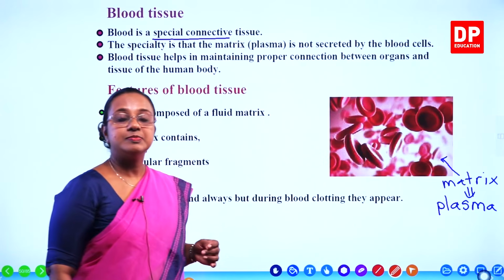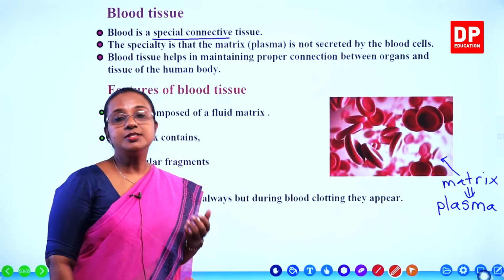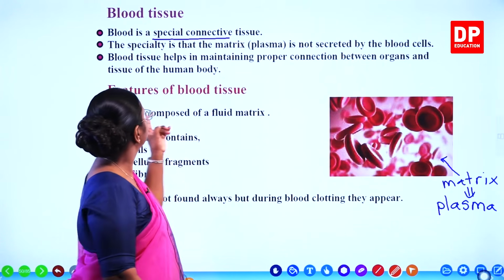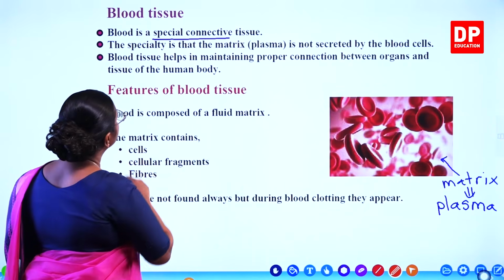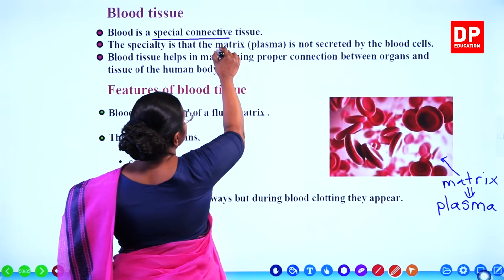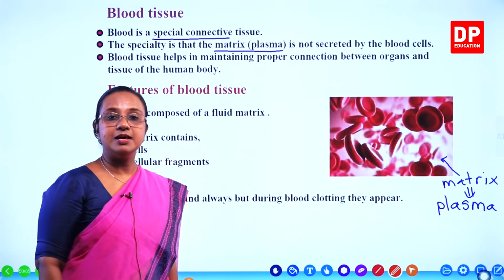This is a special feature, and this plasma is not secreted by the blood cells. So here you can see the speciality is that the matrix, that is the plasma, is not secreted by the blood cells.